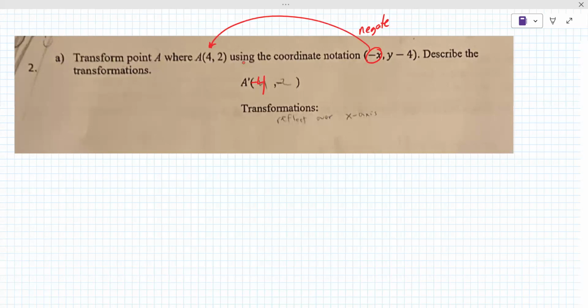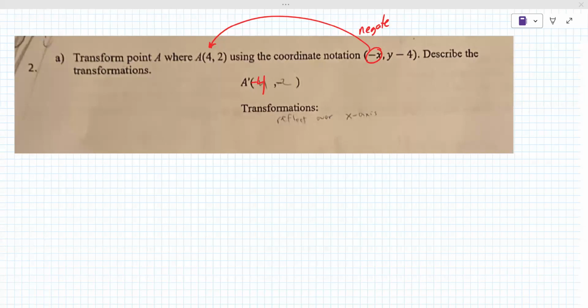Okay, so I thought that would just be a reflection, and then the y I write like -2 because it's getting subtracted by 4. Yes. All right, that one's not too tricky either. Yep, not too bad at all.